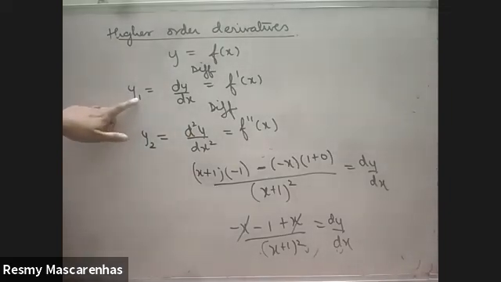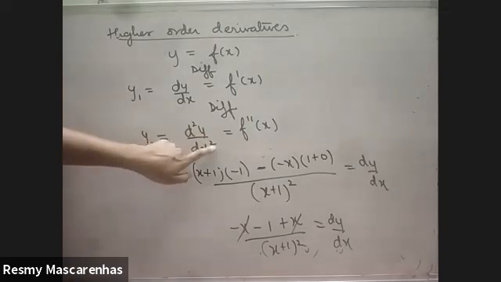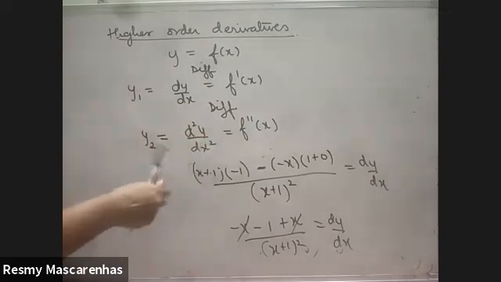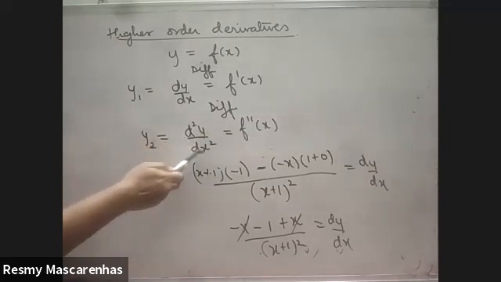Your subscript you have to put, which is same as d square y upon dx square. So 2 times if you differentiate, this way you have to write. Not d square x. If you put d square x, they'll cut marks. Here it is d square y upon dx square.